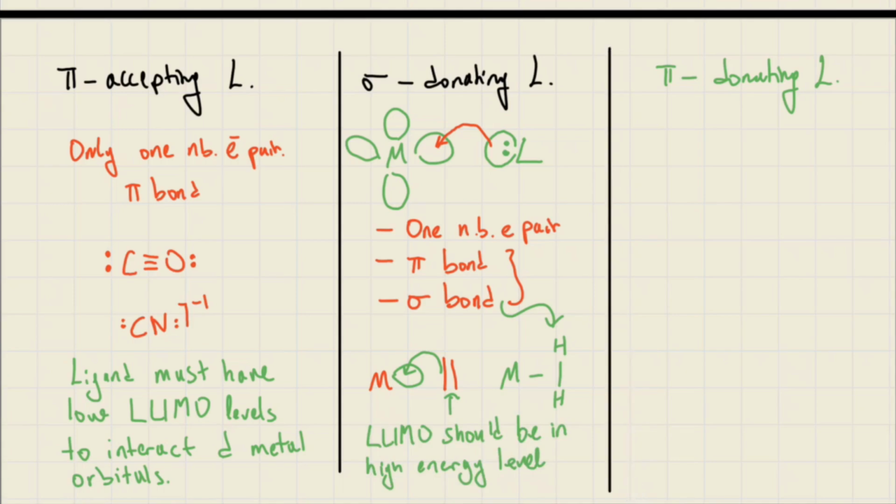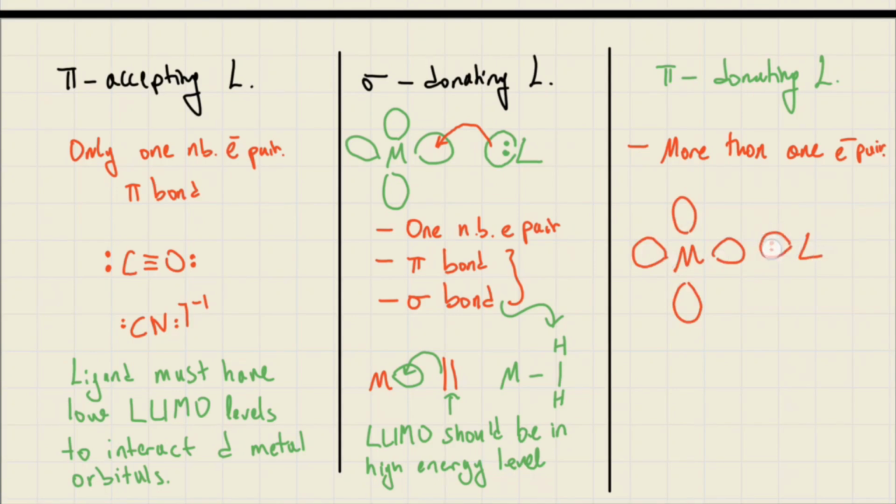And the last ligand type is the pi donating ligand. Pi donation can appear if we have more than one electron pair. So what is the interaction? As you know, we have the orbitals of the metal center, and a ligand becomes a sigma donor if it donates one pair of electrons.